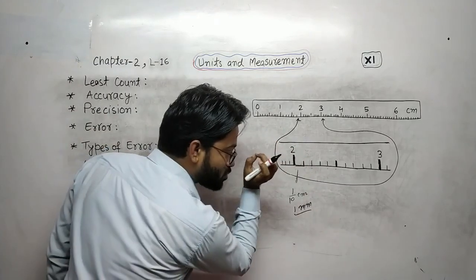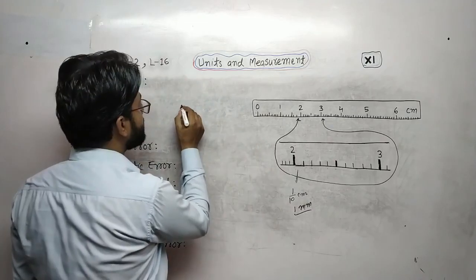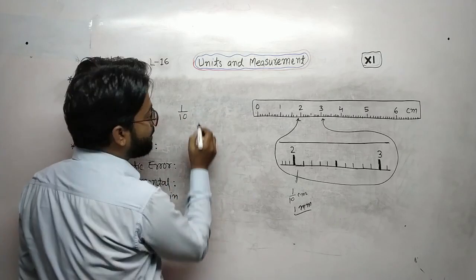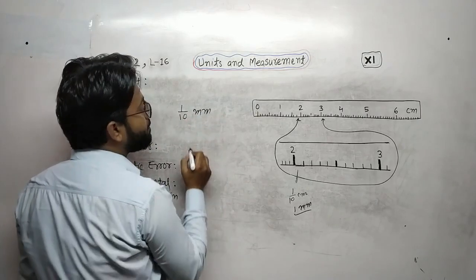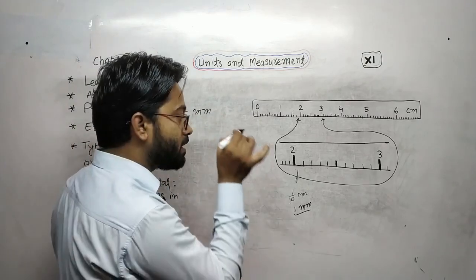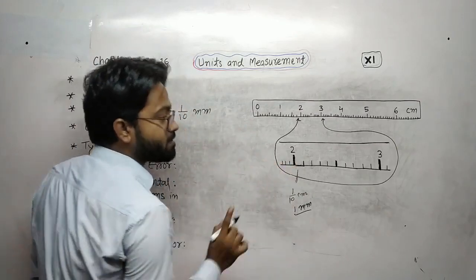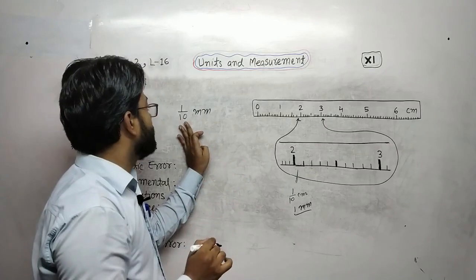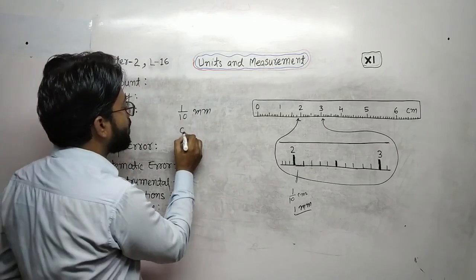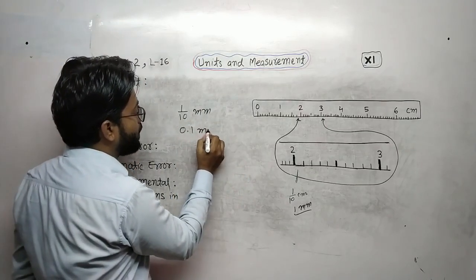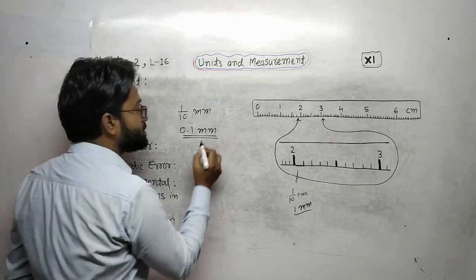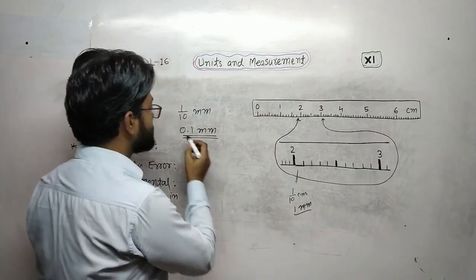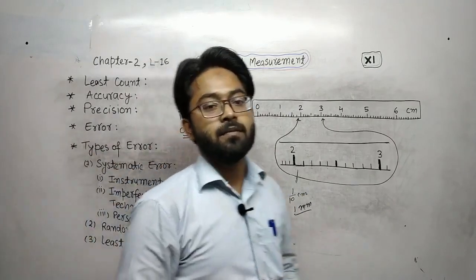Then the smallest division will measure 1 upon 10 mm, or 0.1 mm. It means the least count of that scale will become 0.1 mm.